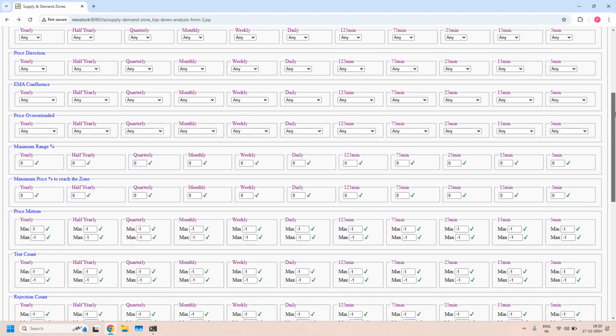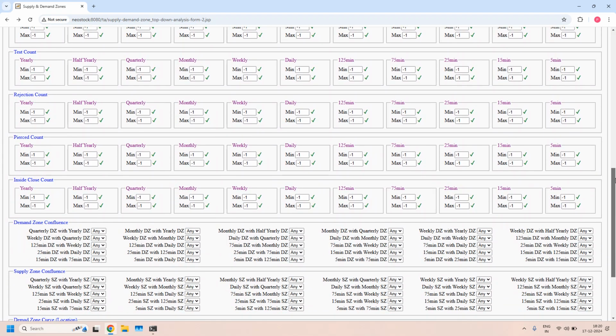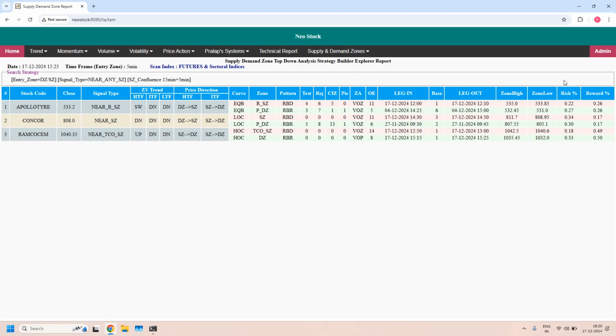That is 5 minute supply zone with the 15 minute supply zone confluence. I am enabling that filter. With this filter, out of 15 stocks, we got only 3 stocks. And these 3 5 minute supply zones are having confluence with 15 minute supply zone. That means 5 minute supply zone is part of the 15 minute supply zone. That is what zone confluence means: overlap.